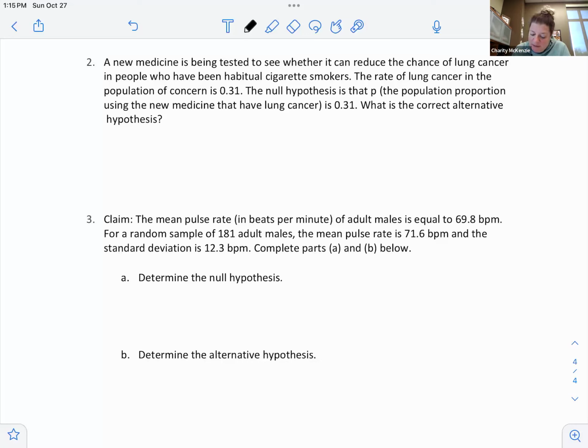What is the alternative? So let's write it all out in our symbols. Again, it's a proportion because we're given 31% or 0.31, and never does it say mean or standard deviation. So we'll use the P and it equals 0.31. And our new medicine is going to go against that.